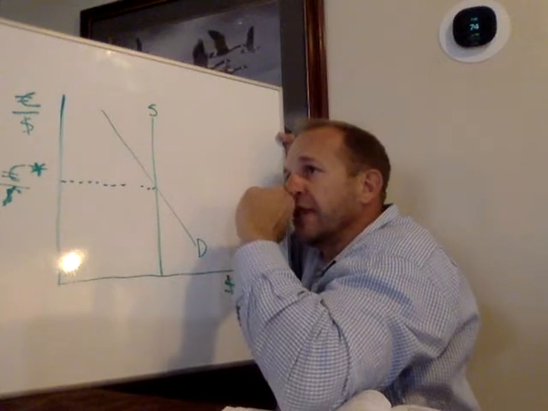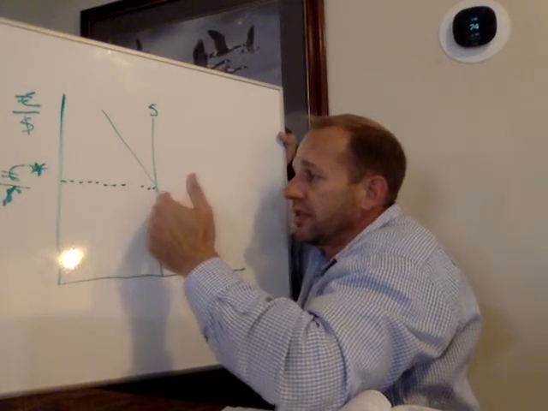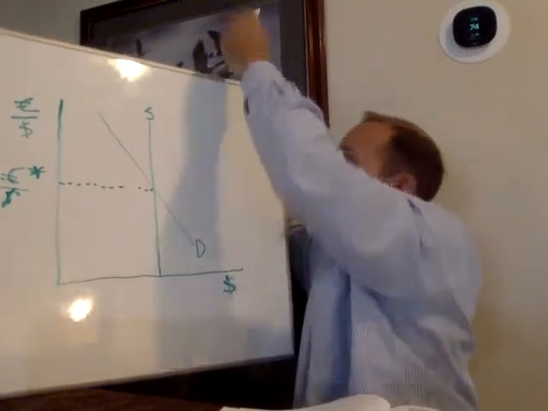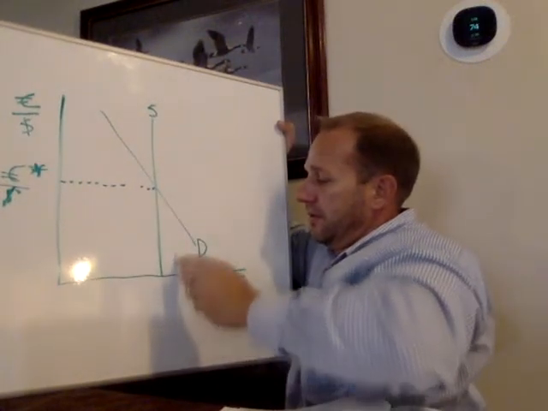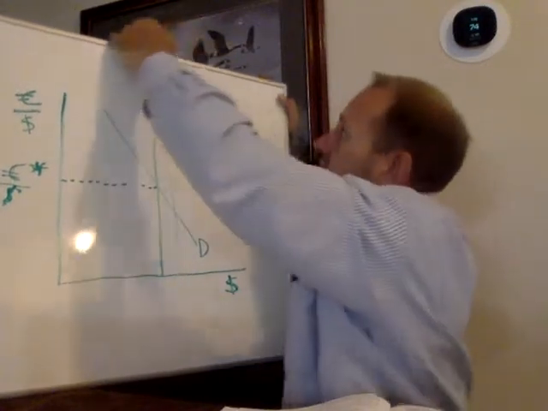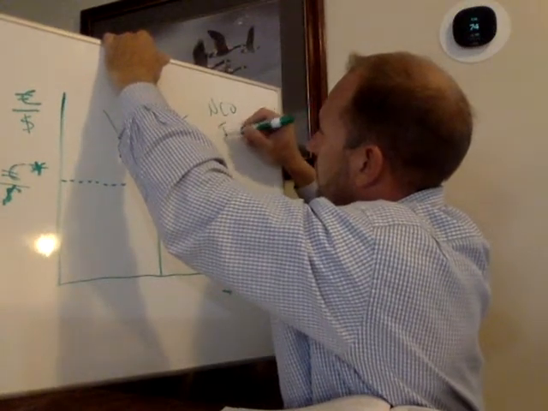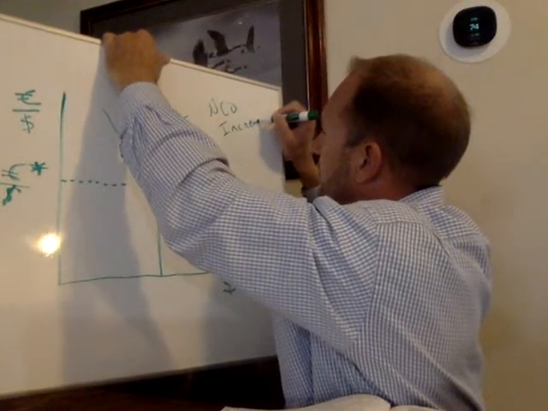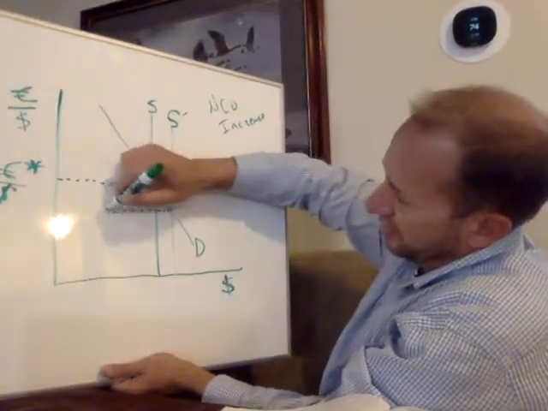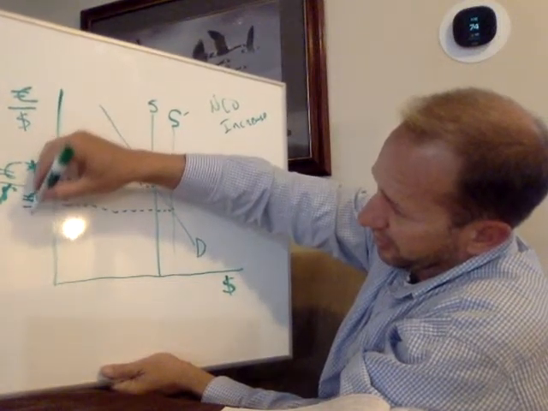When the quantity of net capital outflow increases, the supply curve in this model shifts to the right and pushes down. This is due to a net capital outflow increase. And that pushes down on the amount of euros a dollar will buy.